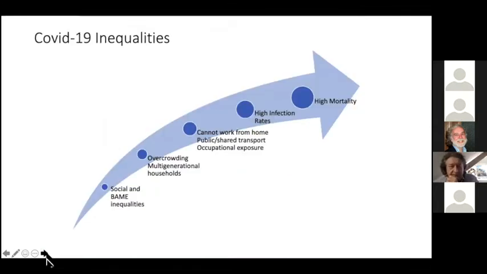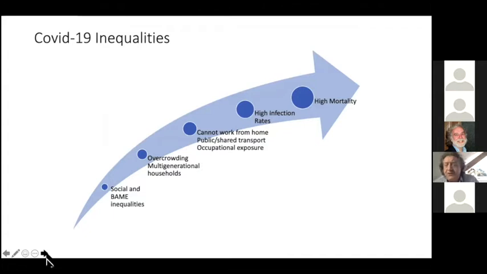This figure is, so whilst we think about the international context of COVID inequalities and how, in a sense, they're working in the opposite direction to normal, within country, the picture's very, very different. And so this picture is really trying to illustrate this convergence of risk factors.